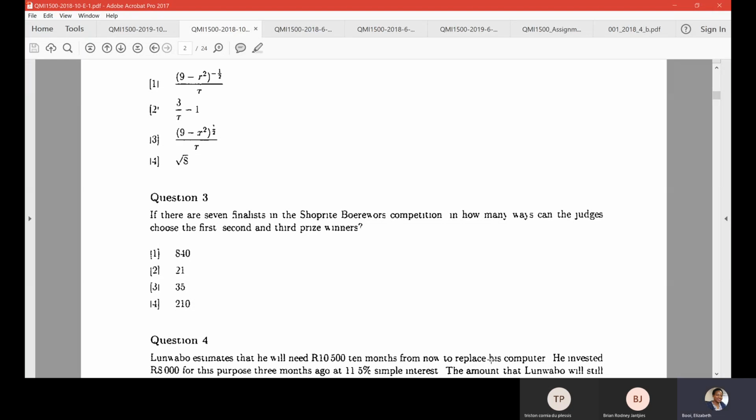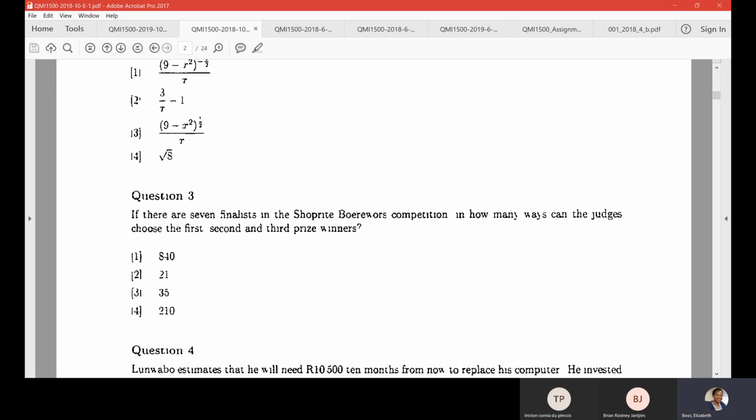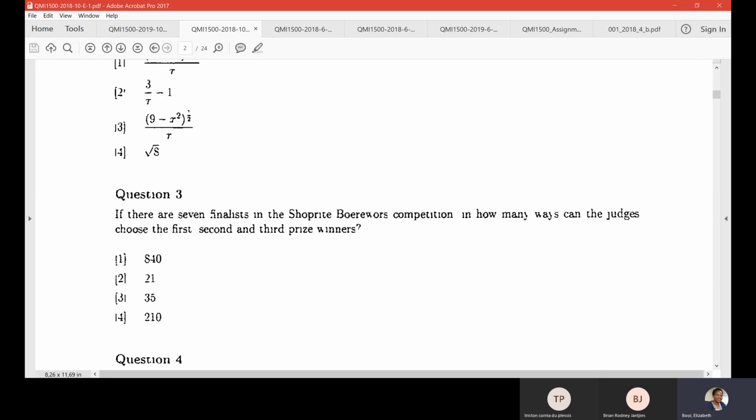And there we go. If there are 7 finalists in the ShopRite Boerewors competition, how many ways can the judge choose first, second, and third prizes? So there will be three prizes.